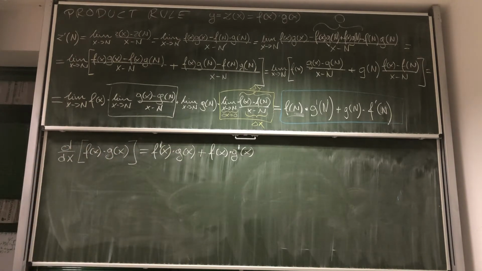What you see over here is the so-called product rule.